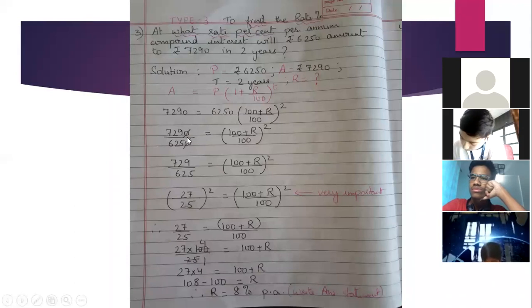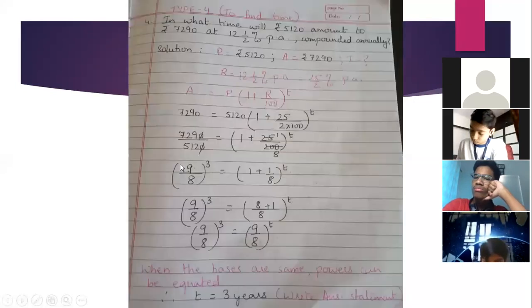After that, you will cut 0, 0, and your left side is 729 upon 625. And your right side is 100 plus R upon 100 raised to the power 2. Always put the bracket, and it is compulsory because your numerator is a combination of two terms.